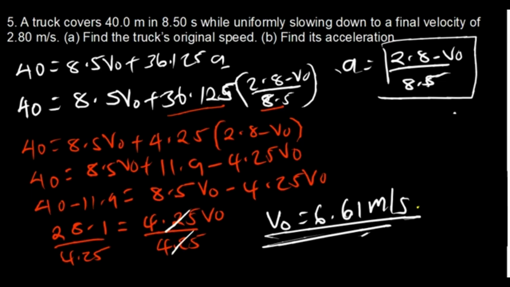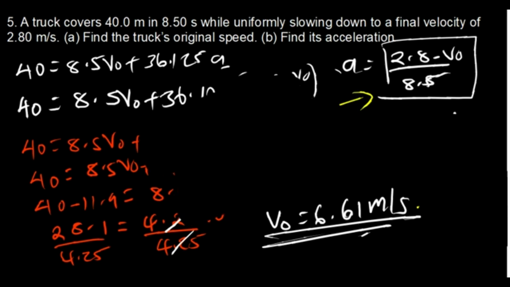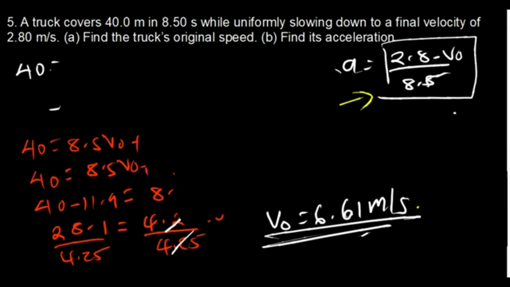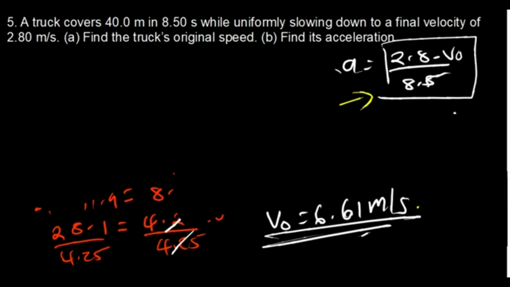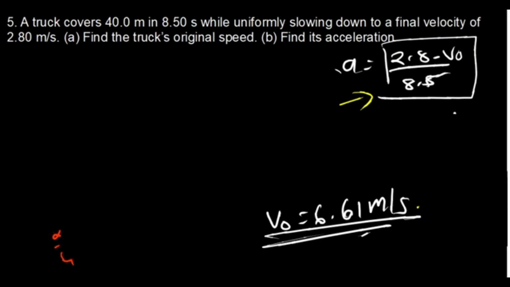That is part A. Now part B is saying find its acceleration. Remember, we have come up with this formula already. This is our formula, guys. We don't have the initial velocity there, but we have found the initial velocity already. We need to understand this before we calculate.